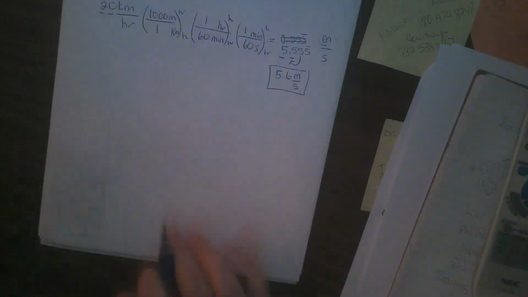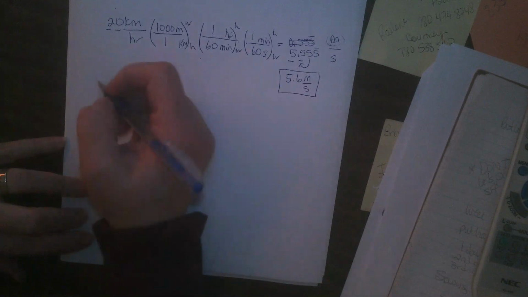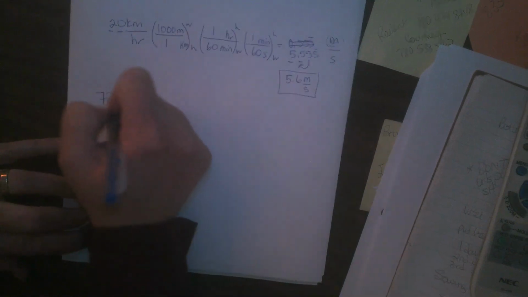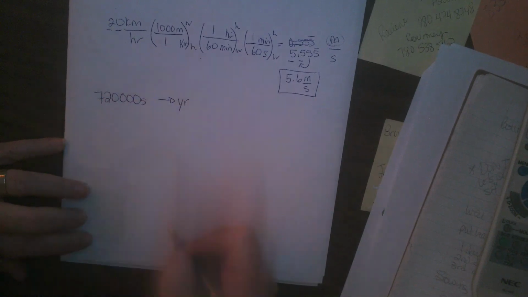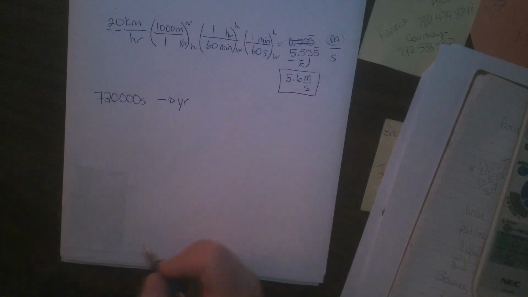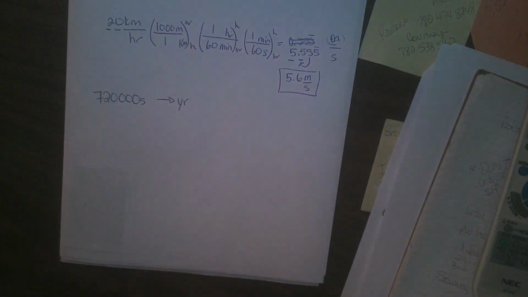Okay. Next question, number 3, says convert 720,000 seconds to years. We're going to use that same process of just unit analysis, unit conversion, okay?